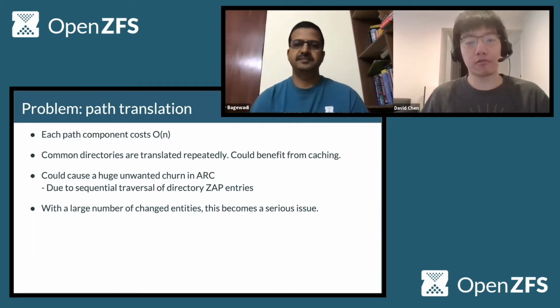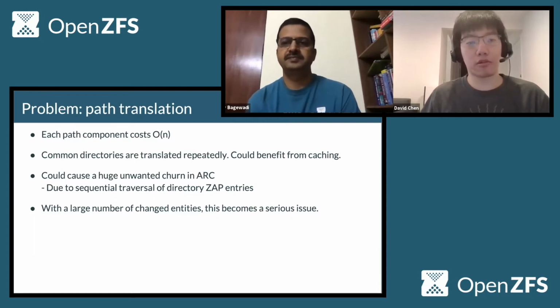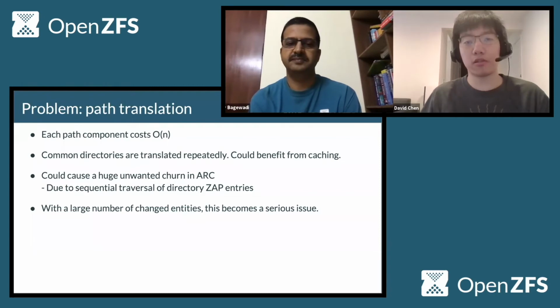Also, if you have a lot of files inside a common directory, you will repeatedly do the translation for those common directories as well. So you're doing the same thing multiple times. If we can cache the result for the common directories, it will speed things up significantly.